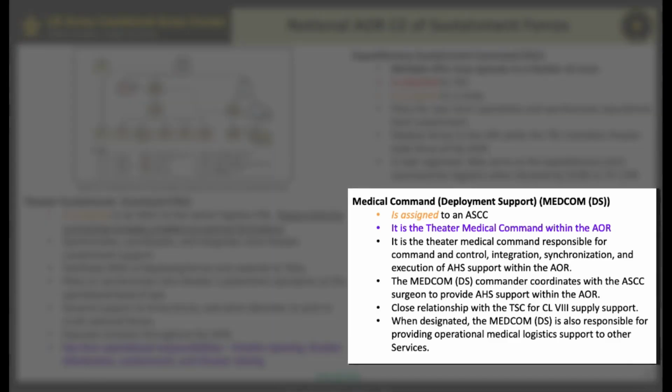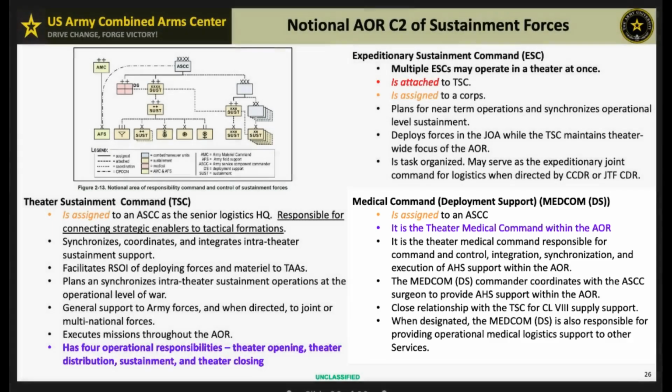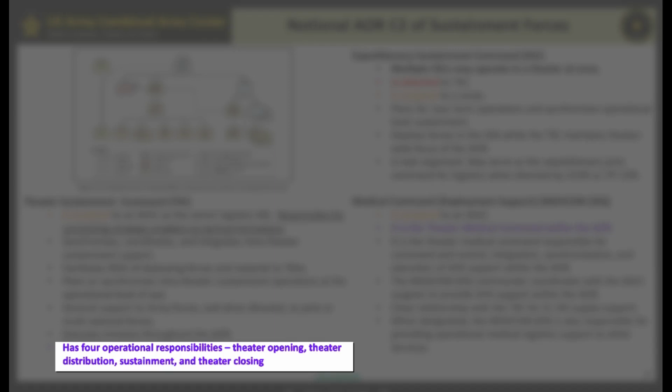The Theater Sustainment Command, TSC, which is assigned to the ASCC, connects strategic sustainment enablers to tactical formations. It synchronizes and integrates intra-theater sustainment, supports the reception, staging, onward movement, and integration, or RSO&I, of forces, and executes 4 key operational responsibilities that we talked about earlier: theater opening, theater distribution, sustainment, and theater closing.